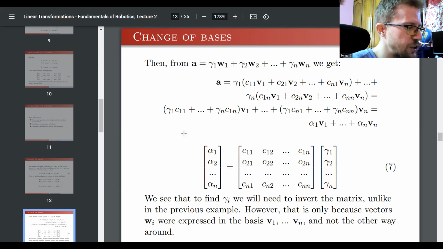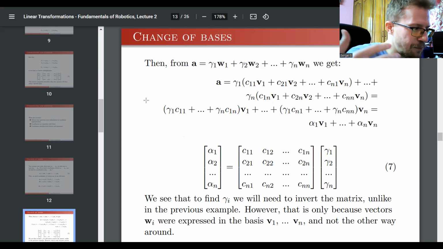All right, good. So what we found is that both operators can be expressed as what they do on coordinates, right? And then they become matrices. And change of basis can be expressed in terms of how coordinates change.